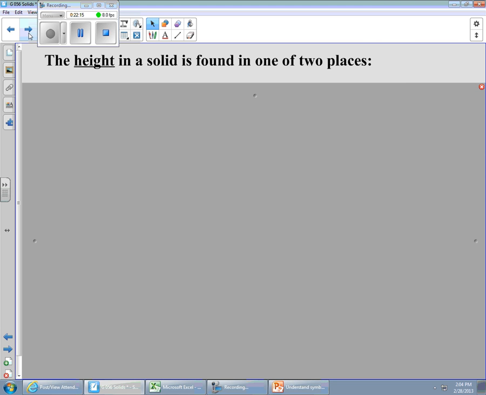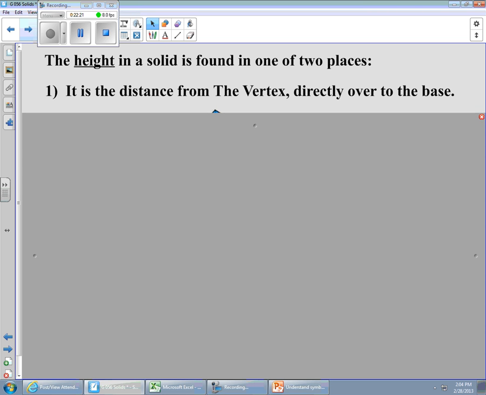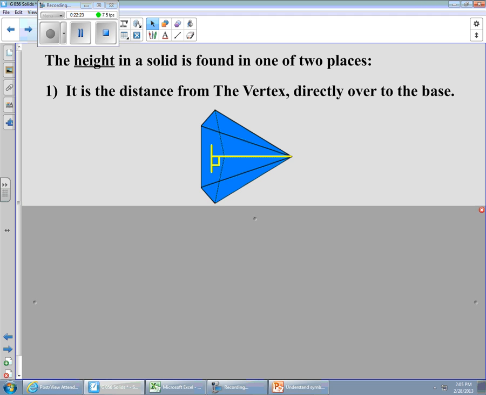And when it comes down to solids, our height is going to be found in one of two places, depending on what kind of solid you have. Now, if we are dealing with a figure that only has one base, then the height will exist inside of the figure, going from the base over to the vertex.